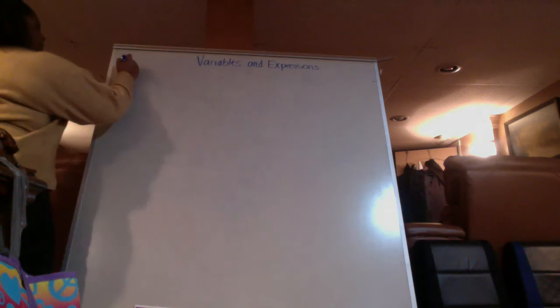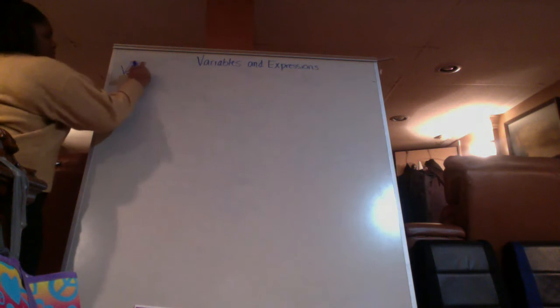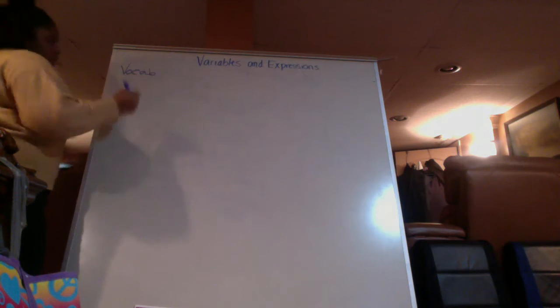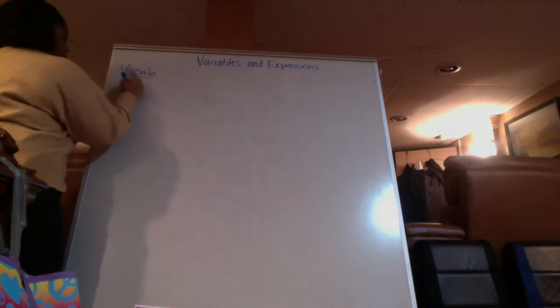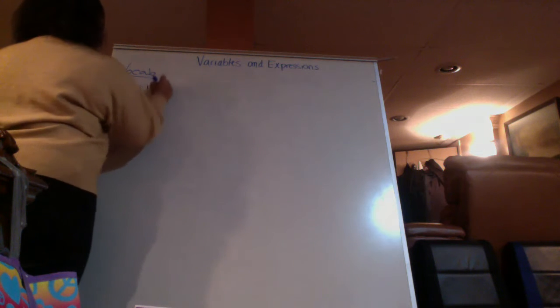We first have to go through a little bit of vocab because I'm going to be saying some things and I want to be sure that you can understand what I'm saying. So the first word is variable.